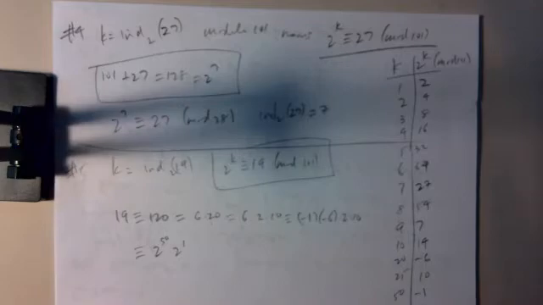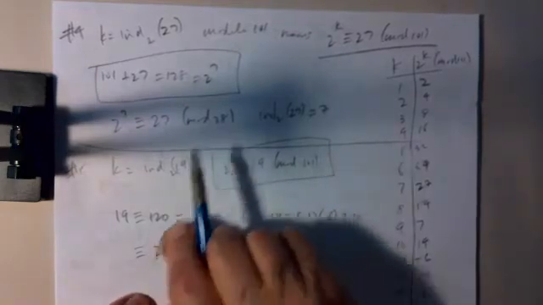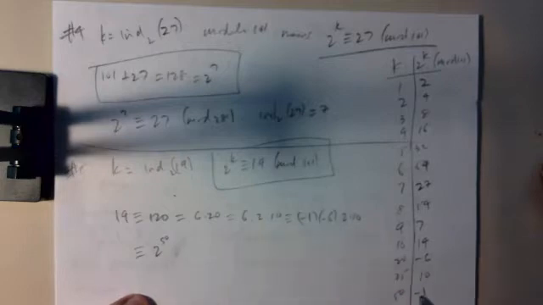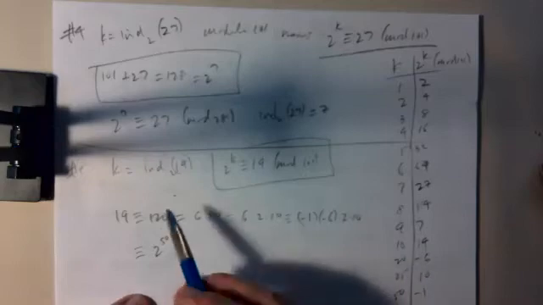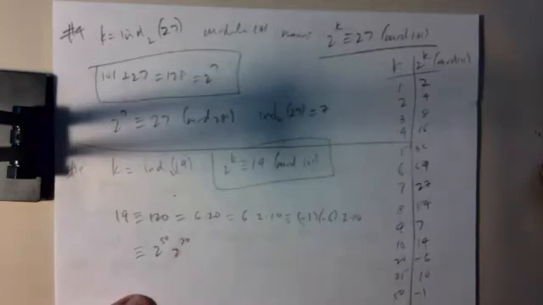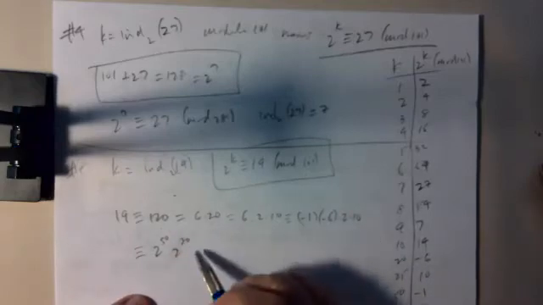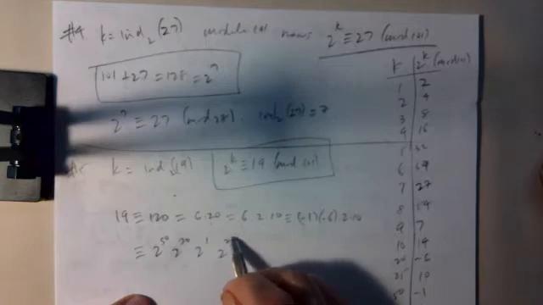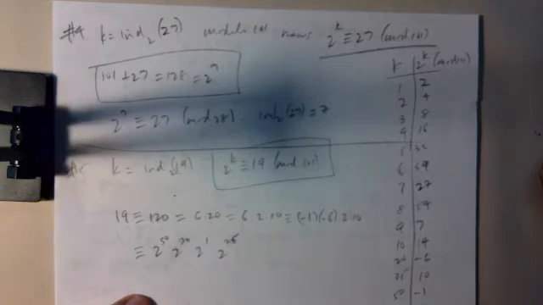Sorry, I want to look at this. -1 is 2 to the 50th. -6 is 2 to the 20th. 2 is 2 to the first. 10 is 2 to the 25th. It works.